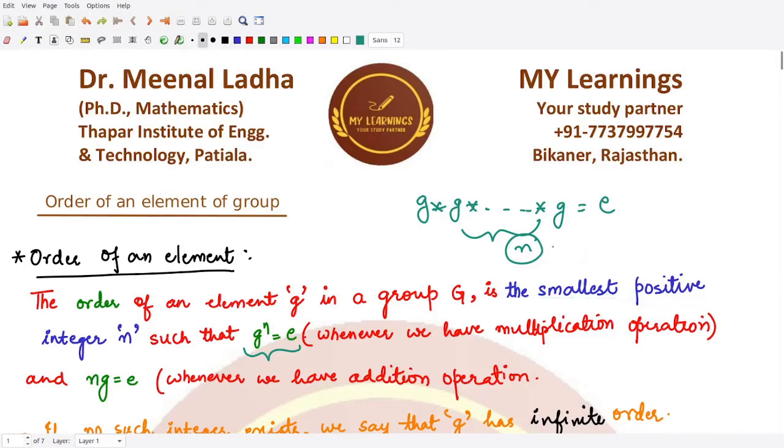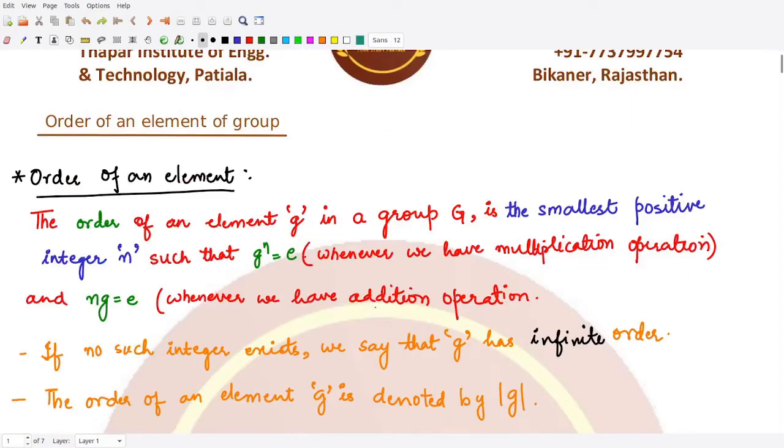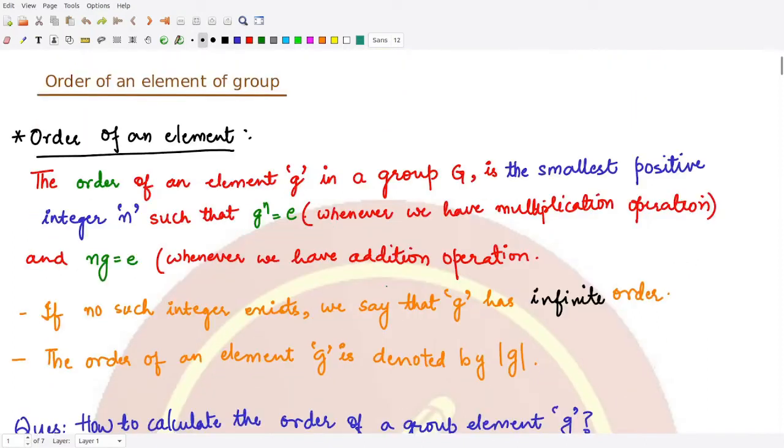That means after 2n also, after repeating it again, you would get the identity, but you have to take the smallest positive integer n such that when you multiply or add it n times, you get the identity of the group.